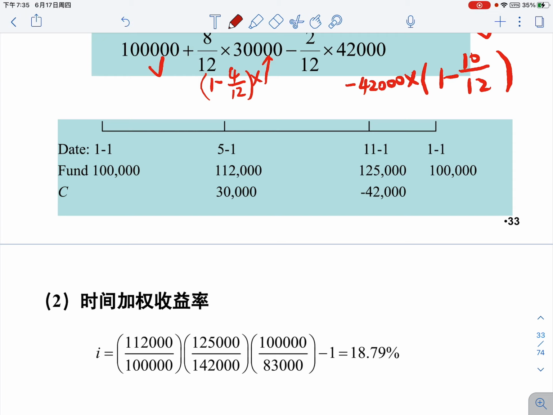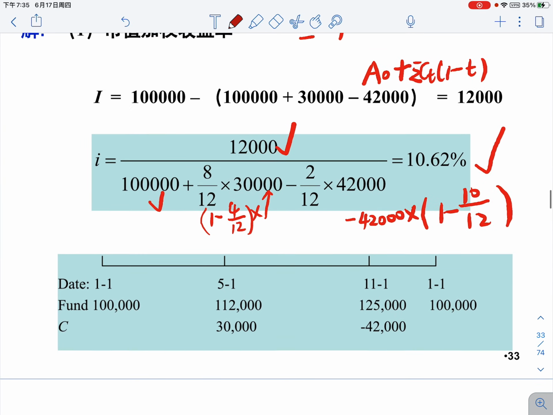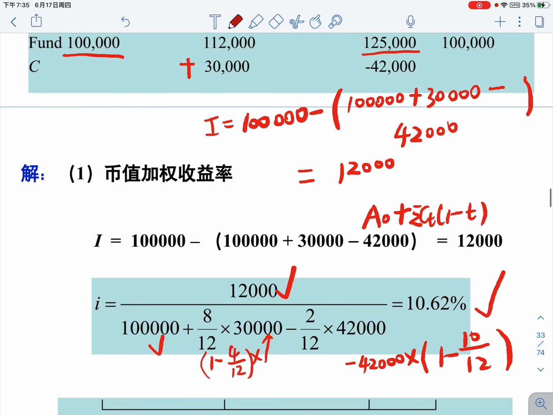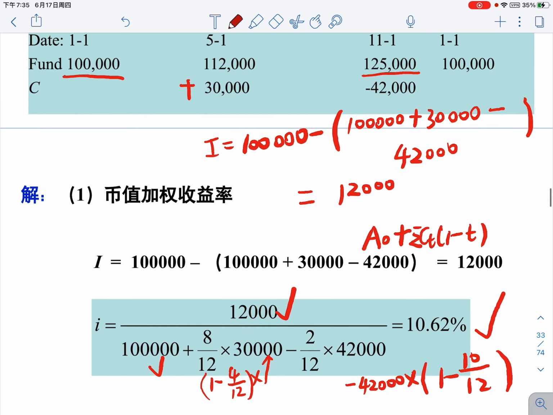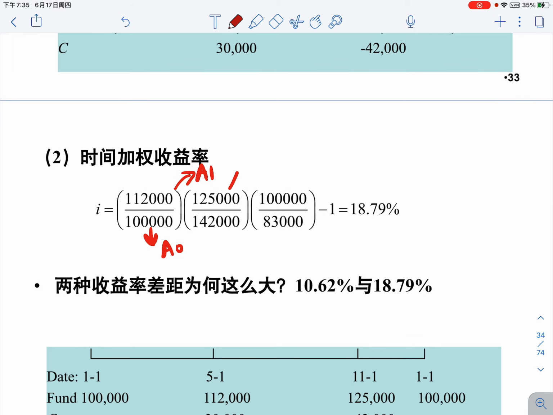This is A0, and this is A1. This is A1, and A1 is this, 112,000. This is A2, and this is A1 plus C1, and this is A3, this is A2 plus C2.